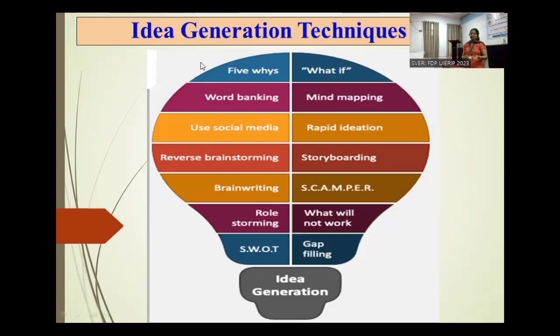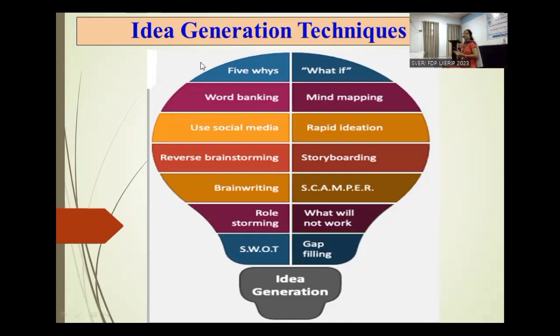In the same way, whenever some idea comes to your mind, you have to do the mapping of the lower levels of that idea. Then third is to use social media, because we know ChatGPT is now one of the good tools.